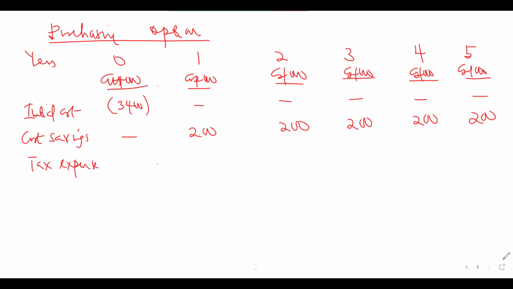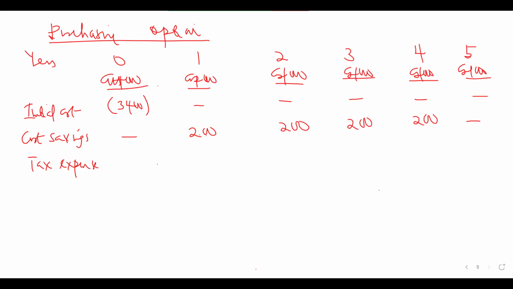We are going to be paying tax of 30% on the cost savings. It will be dashed for the 5th year because the machine is having a useful life of 4 years. So we'll be paying tax on this figure by 30%. How much are we getting? We'll be getting 60 every year, isn't it?